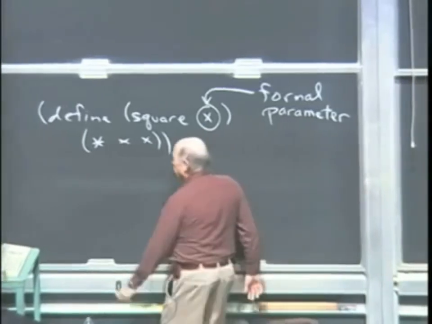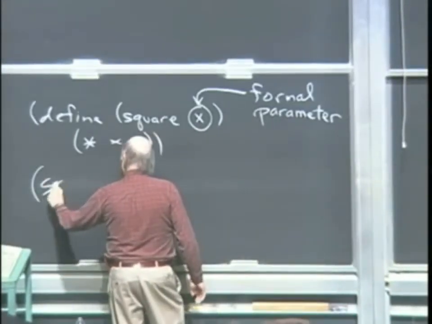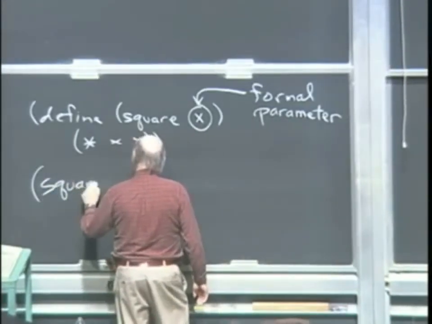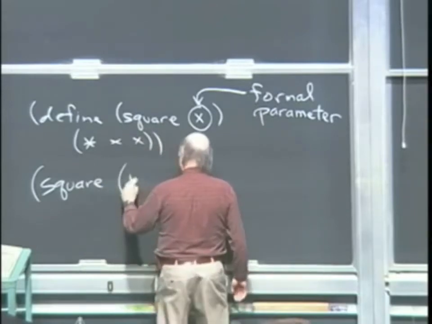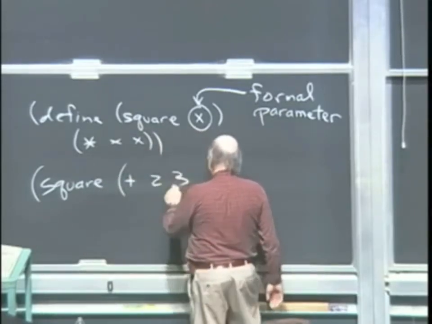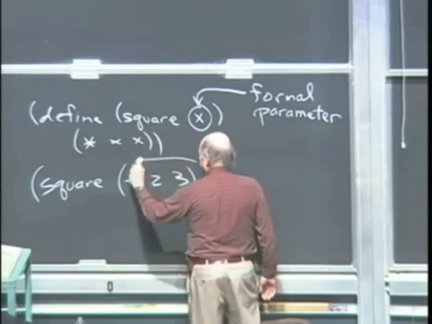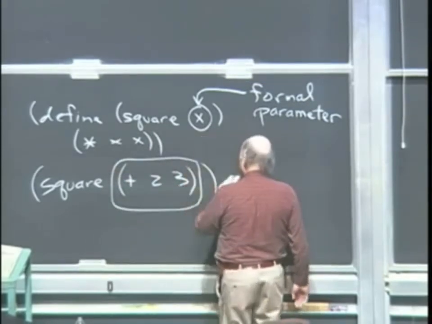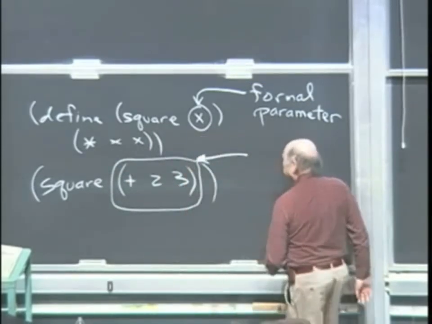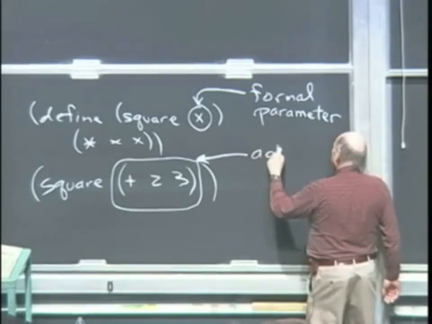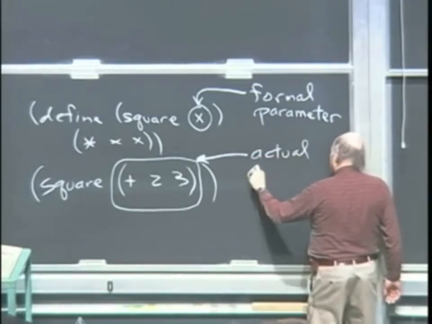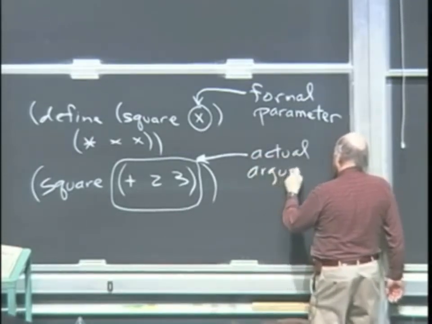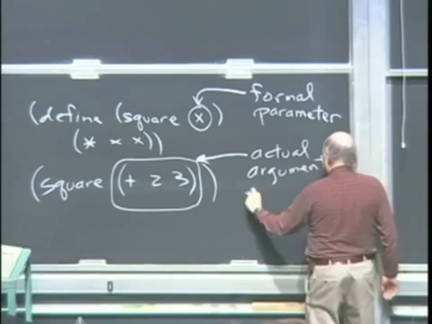And then I say something like square of plus 2, 3. This thing is an actual argument expression.